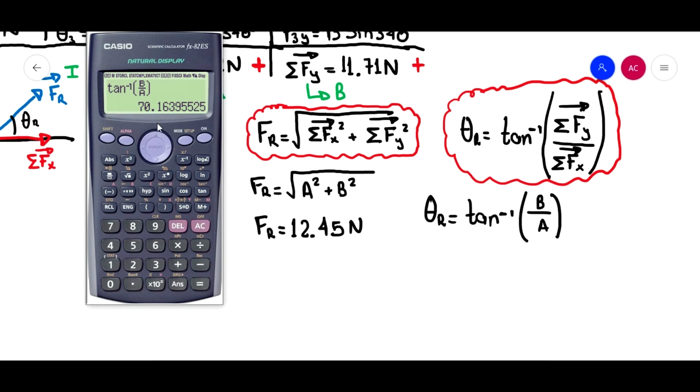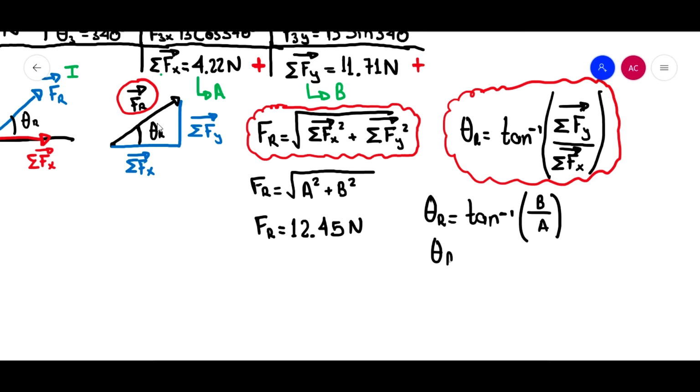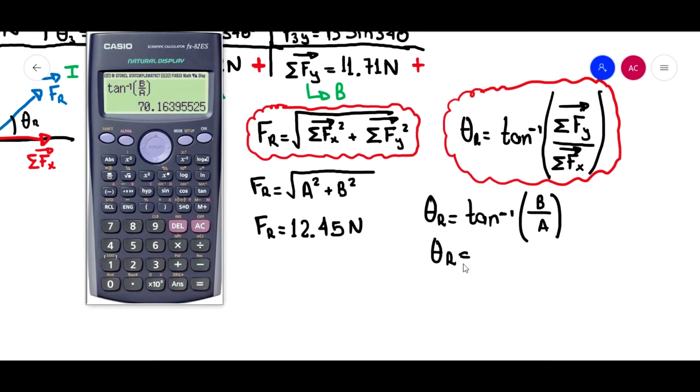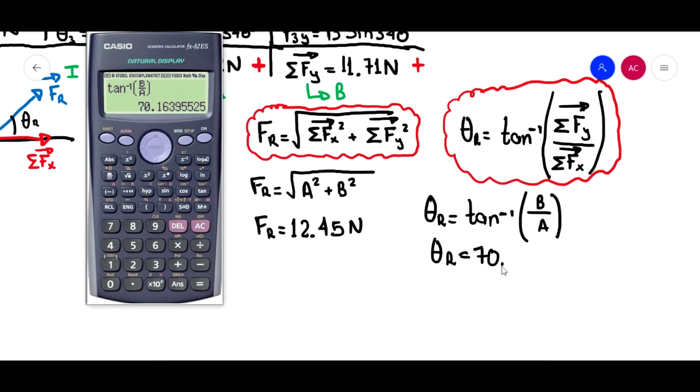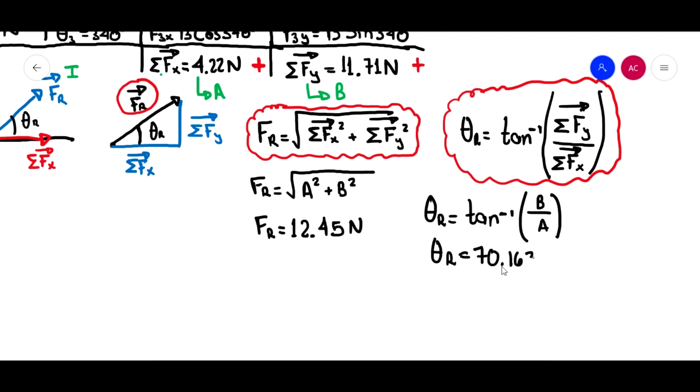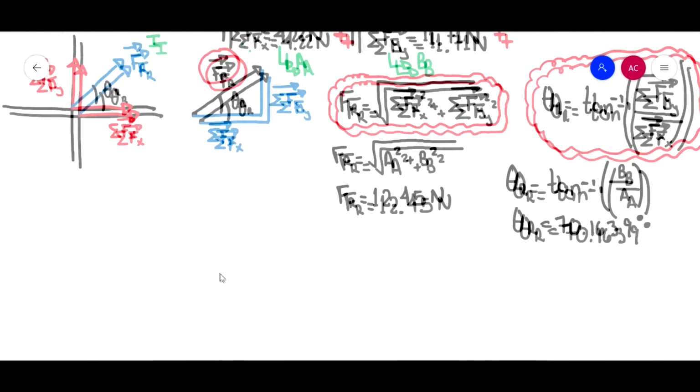Remember that I'm not going to save it into a memory because I'm not going to use this anymore in another operation. So it will be 70.1639 degrees.